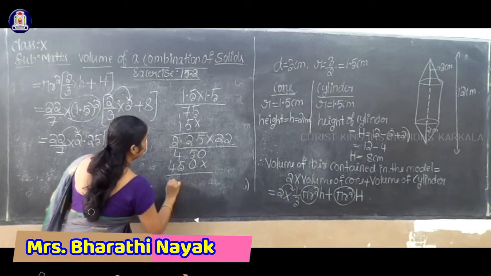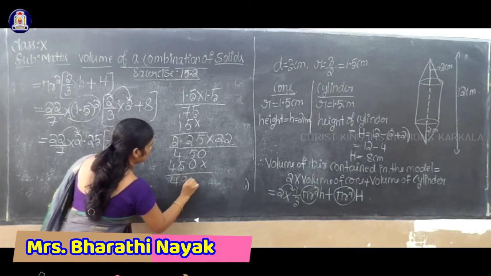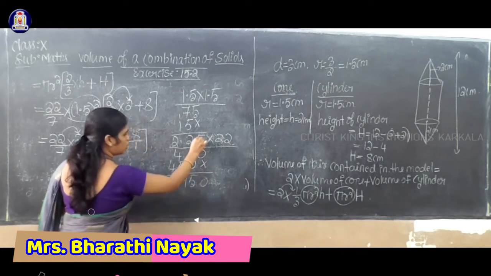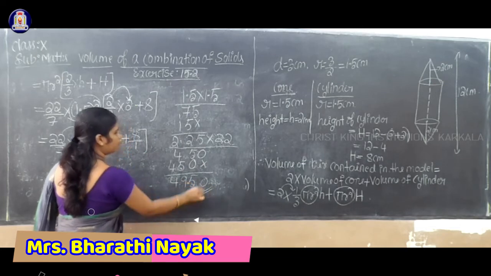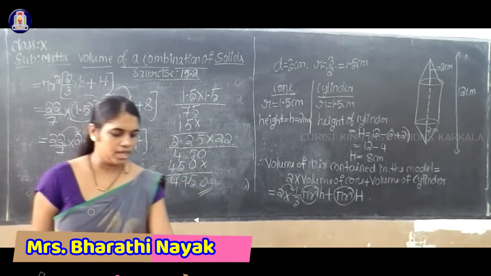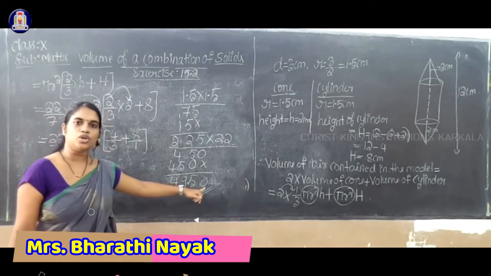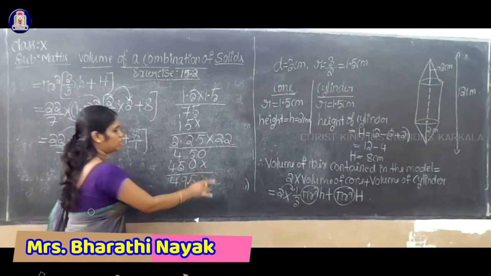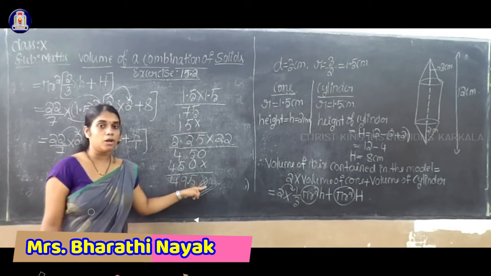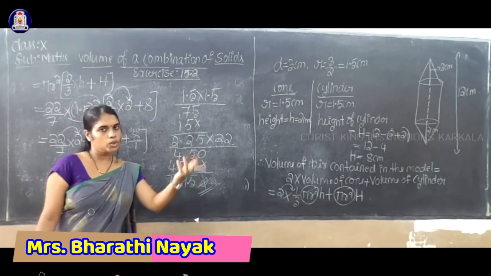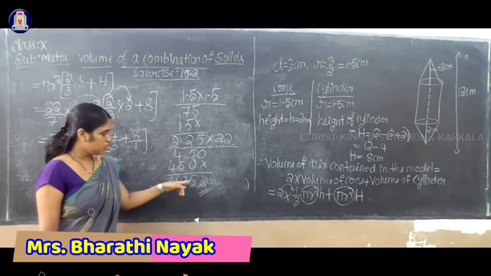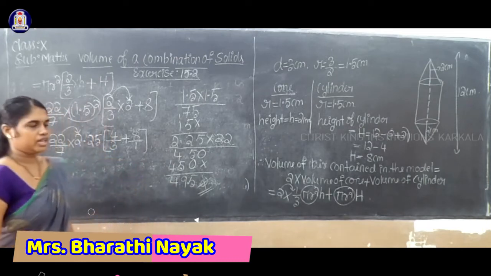So how much do you get? 4 9 5 0. So after 2 digits, you will get 49.50. But this 0 you can neglect. No need to take this 0, because after the decimal point if you have 0, no need to consider. So I will consider 49.5.